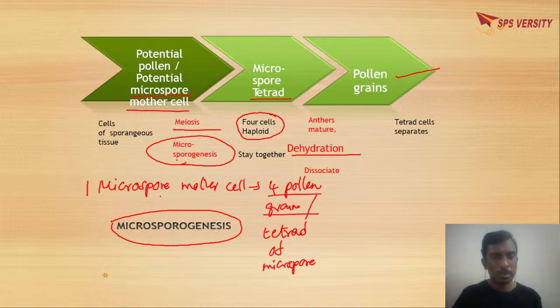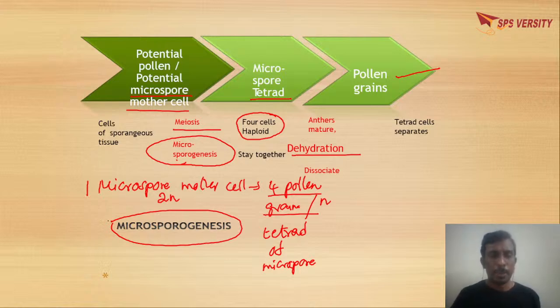The microspore mother cell is diploid. Pollen grains are haploid. So you should remember the ploidy and number of pollen grains formed, as well as the number of chromosomes.